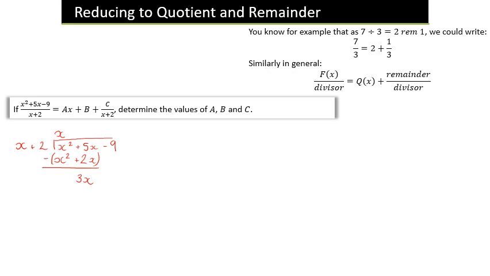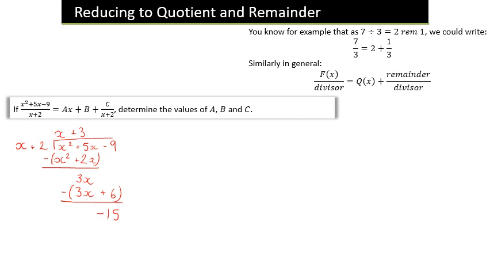So I now want to make 3x, so I'm going to add 3 on the end here. 3 times x gives me 3x. 3 times 2 gives me 6. I then need to subtract that off. 3x take away 3x cancels each other out, and then minus 9 take away 6 gives me minus 15. So my remainder is minus 15.